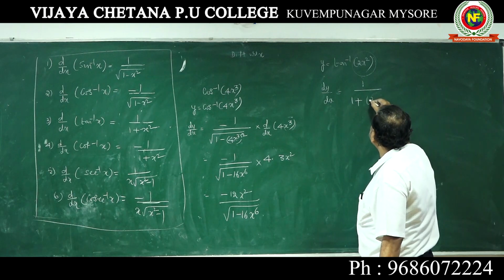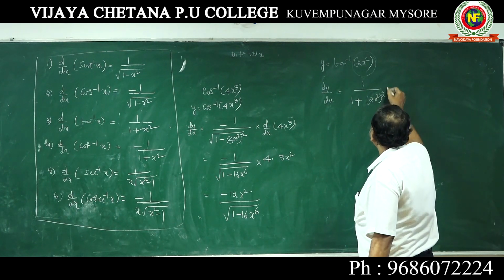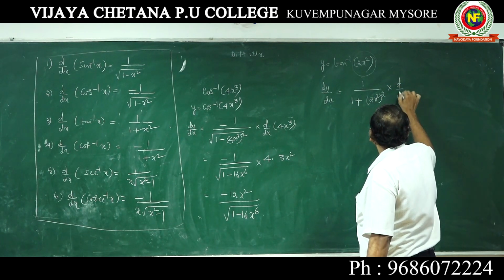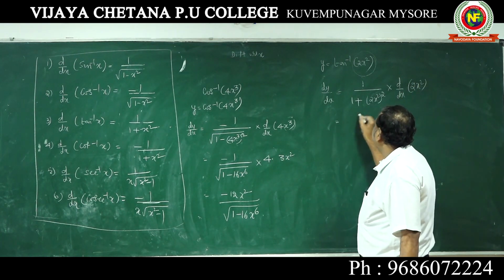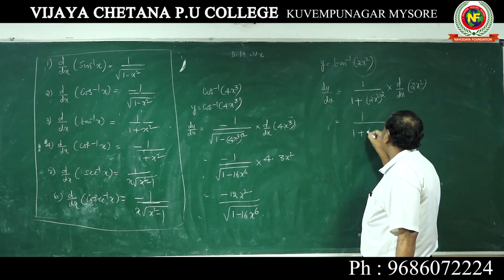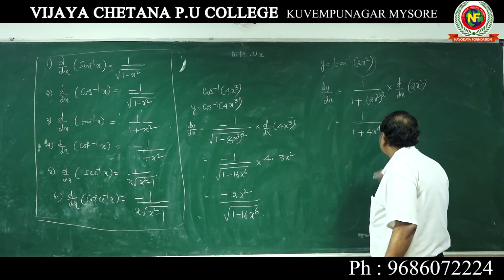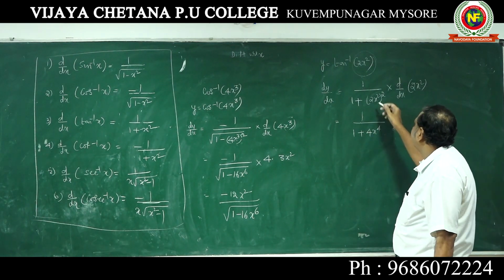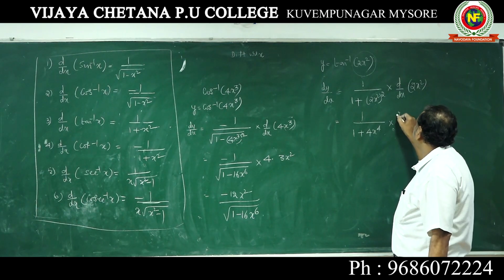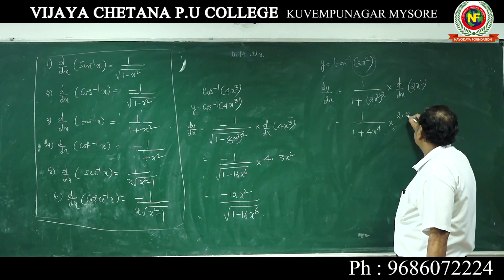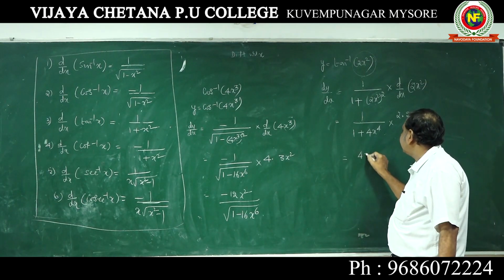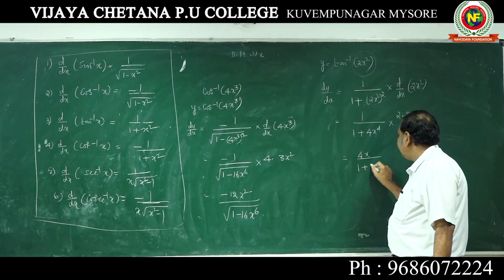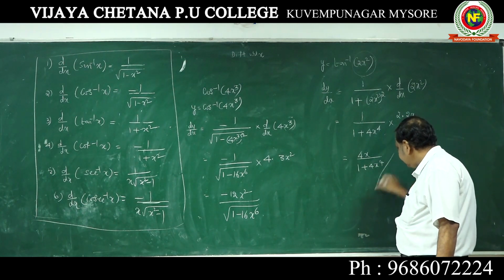So it is 2x square whole square into d by dx of 2x square, or it is 1 over 1 plus 4x to the power of 4, into 2 into 2x. The differential coefficient of x square is 2x. The answer is 4x by 1 plus 4x to the power of 4.